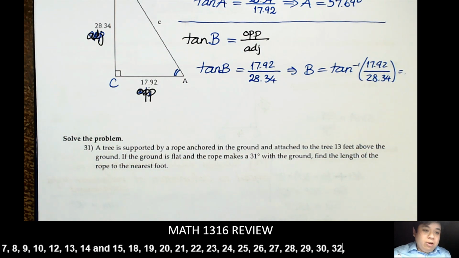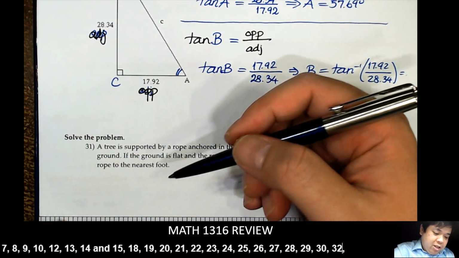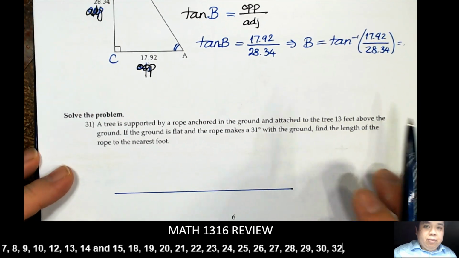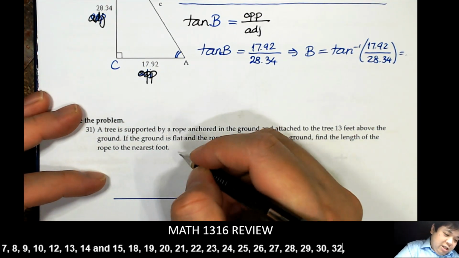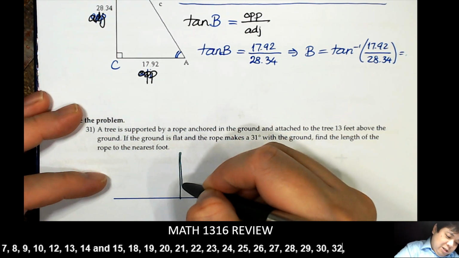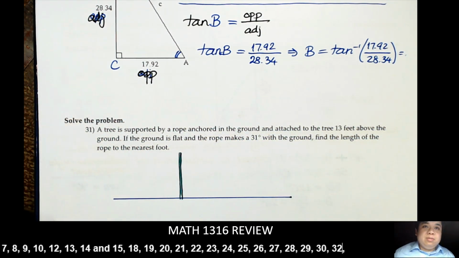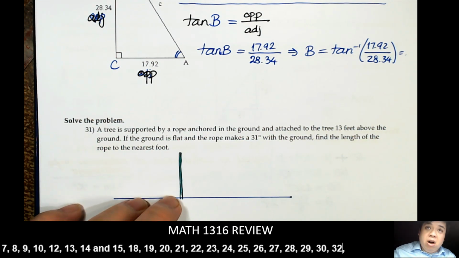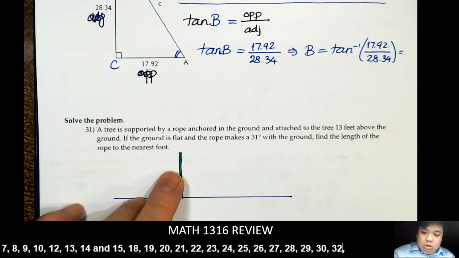So again, let's assume the ground is perfectly horizontal, and then there's a tree. And we will attach a rope anchored in the ground and 13 feet above the ground to the tree.